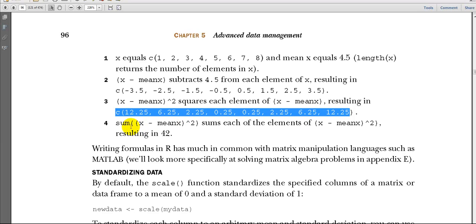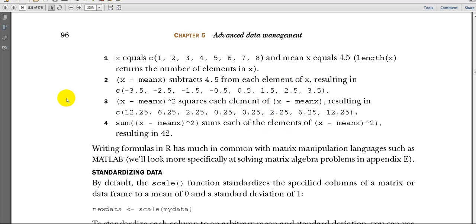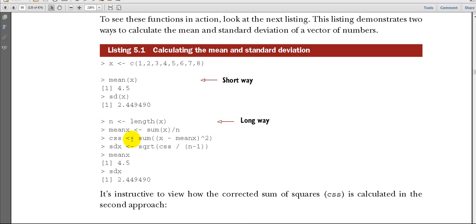And then you add all those numbers, and that's what we did. And then here, he takes the square root of that and divides it by n minus 1. So this is a kind of statistical thing that's done sometimes. Maybe we'll be able to get into it, maybe we won't. Anyway, here are the results.